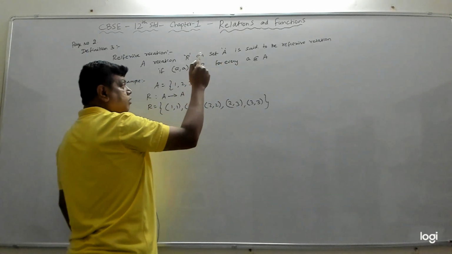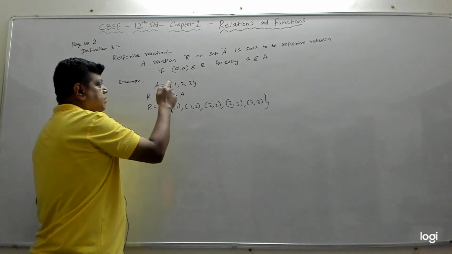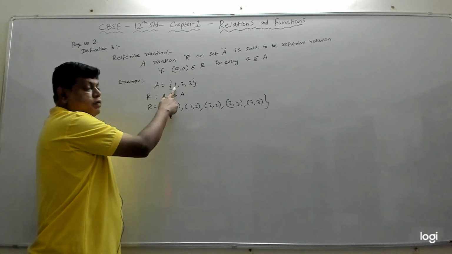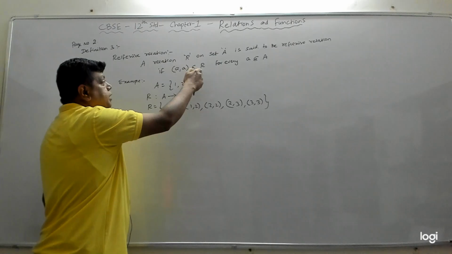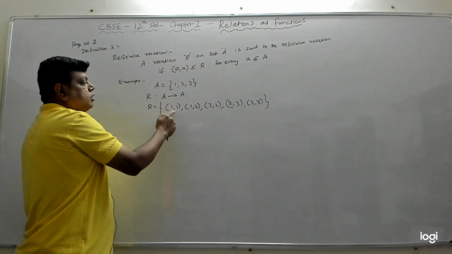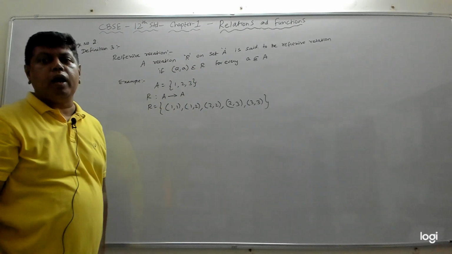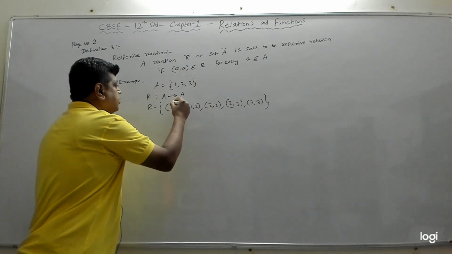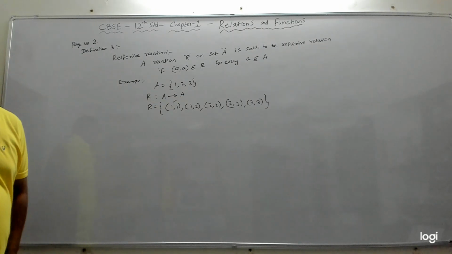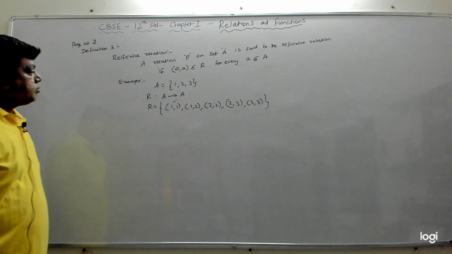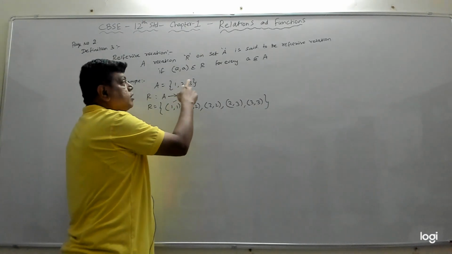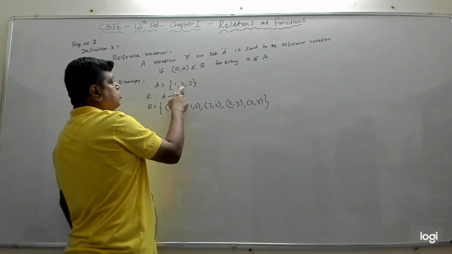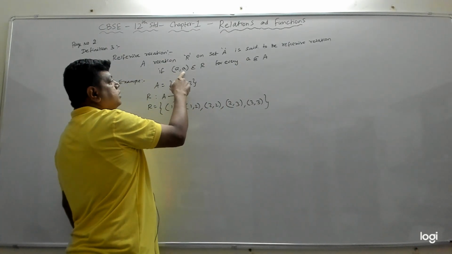We take one element from A. Take the first element 1, which is your small a. Then (1, 1) should be in R. Is (1, 1) in R? Yes, it is present. Next, take the second element 2 from set A. Then (2, 2): is it present in R?